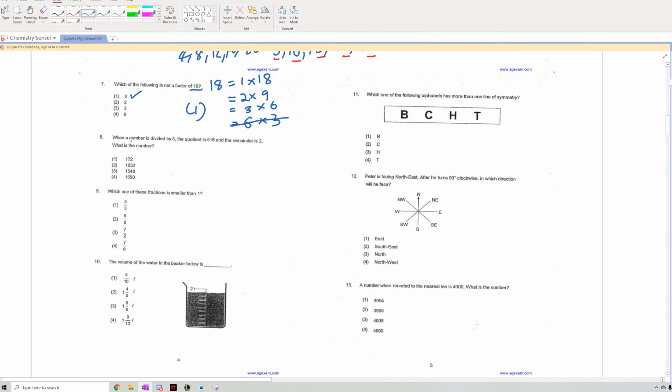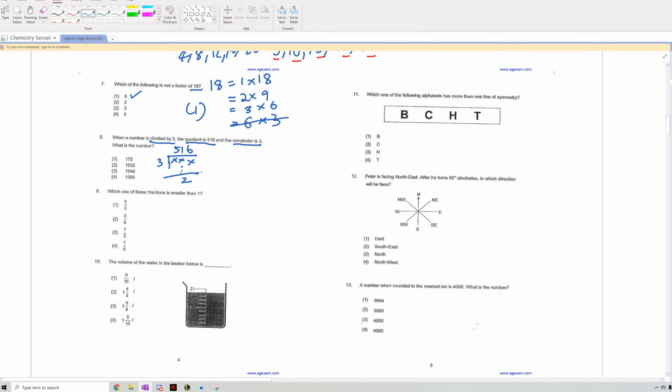Now, let us move on to question 8. When a number is divided by 3, the quotient is 516 and the remainder is 2. So when some unknown number is divided by 3, we have a quotient of 516 and a remainder of 2.